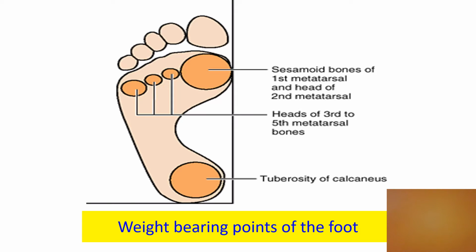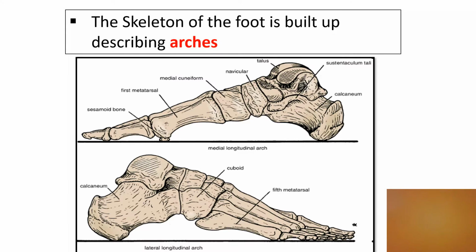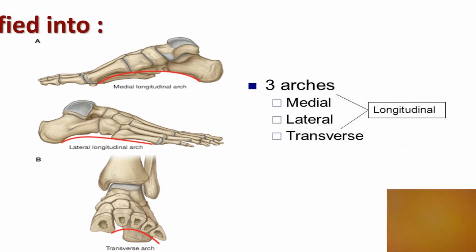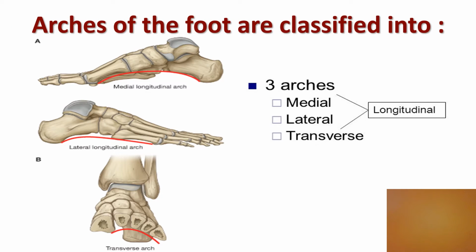In between the two, the foot does not reach the ground, so these are the weight-bearing points. Why is that? It's because the skeleton of the foot is built describing an arch. These are the weight-bearing points in the front, and here are the weight-bearing points in the back, the tuberosity of the calcaneus. And these arches of the foot are what we are going to describe now.